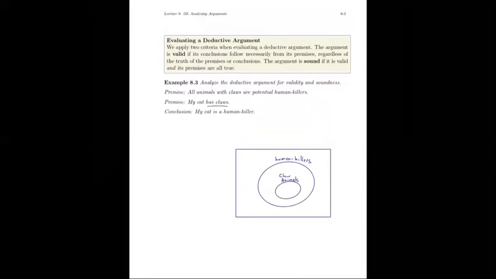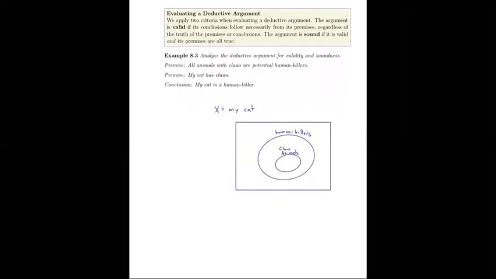We haven't dealt with an individual in a Venn diagram in too many cases so far, if any. So let's say this. We'll let X be my cat. Now we need to place an X where my cat belongs in this Venn diagram. My cat has claws. That firmly puts my cat in the claw animal set. There's no question about whether or not it's outside of that set. It's the inner set, so it's there.